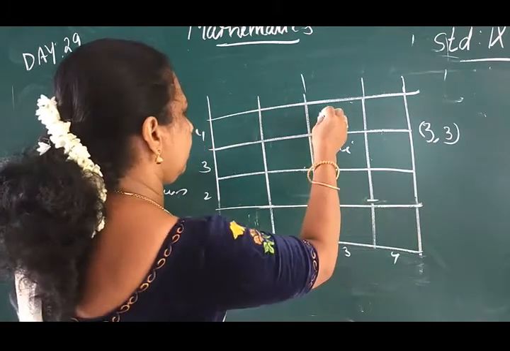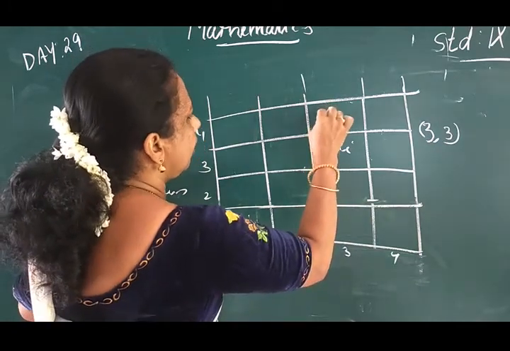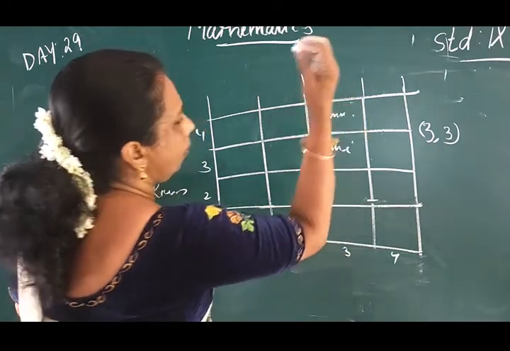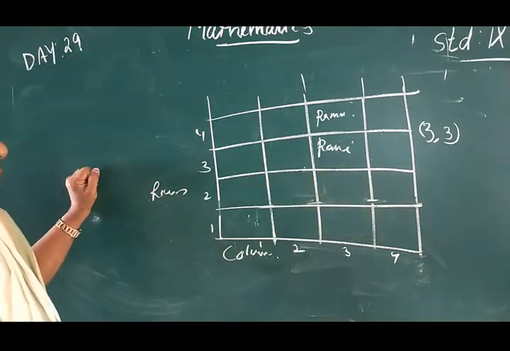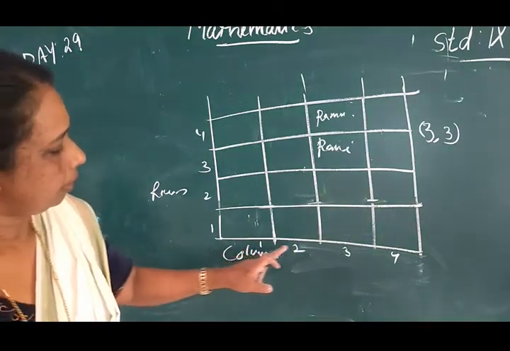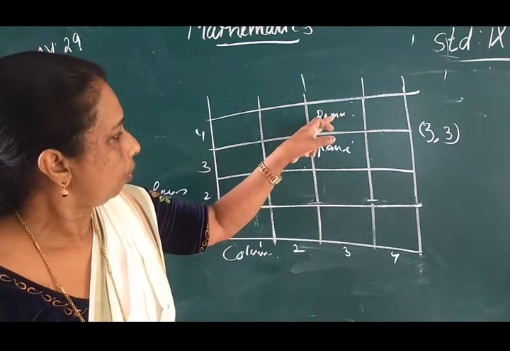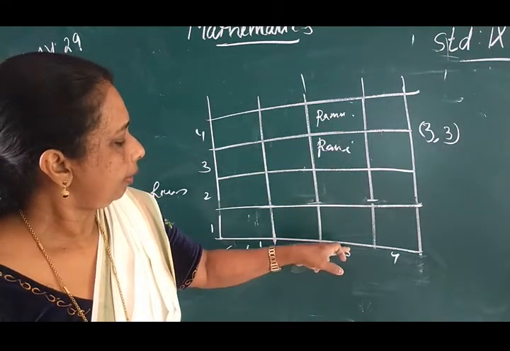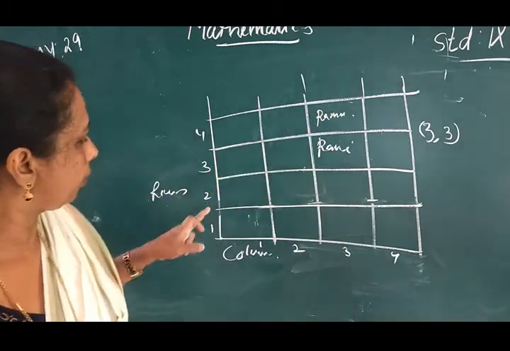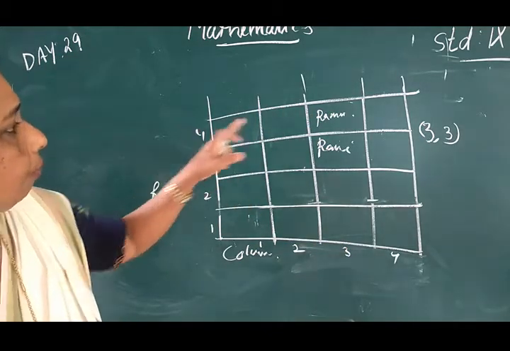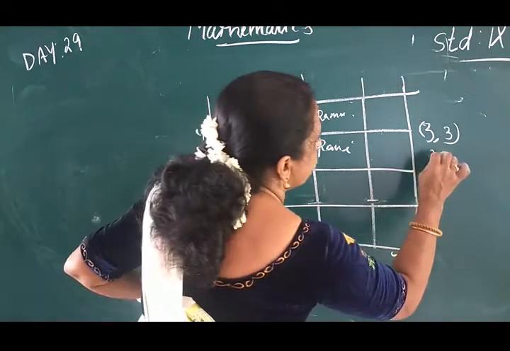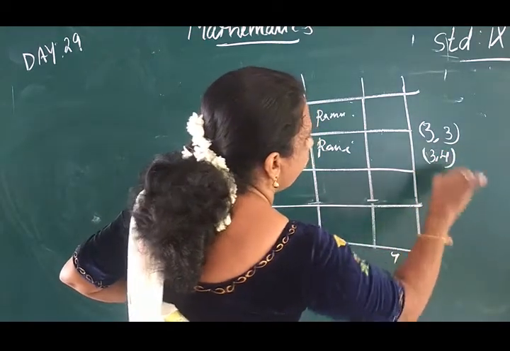Then who is sitting here? Ramu. What is his position? 1, 2, 3, he is in the third column, and which row? 1, 2, 3, fourth row. That is, his position is 3, 4.